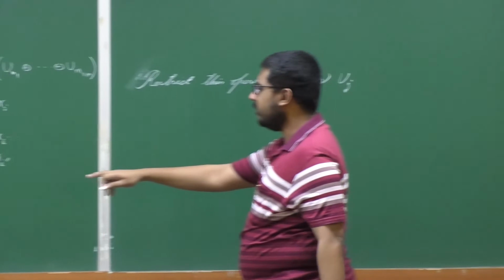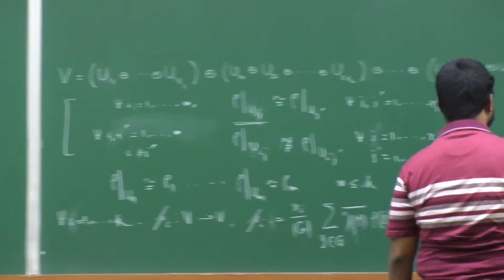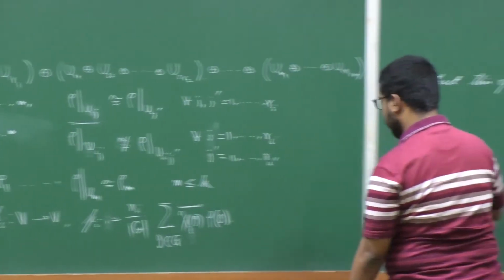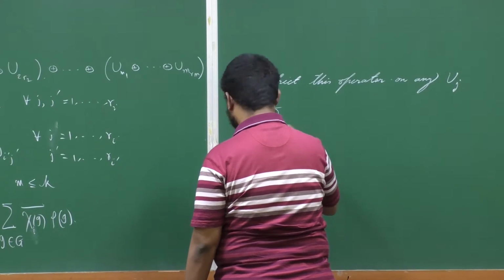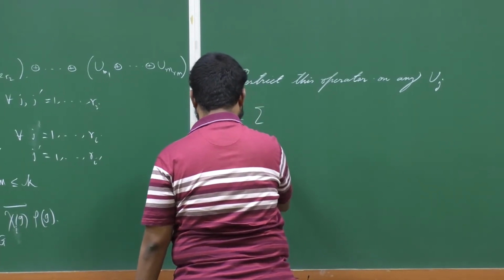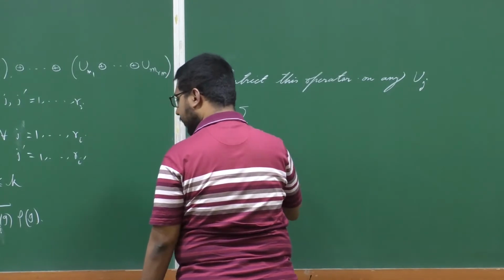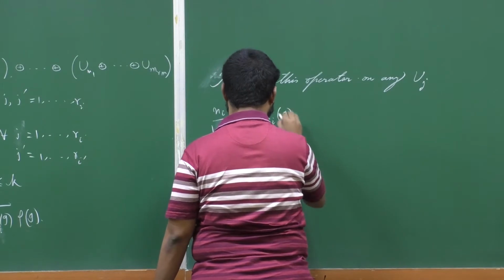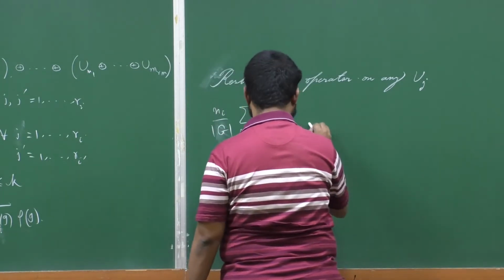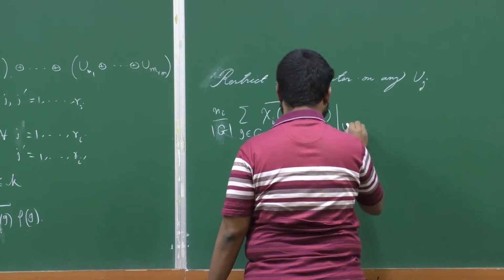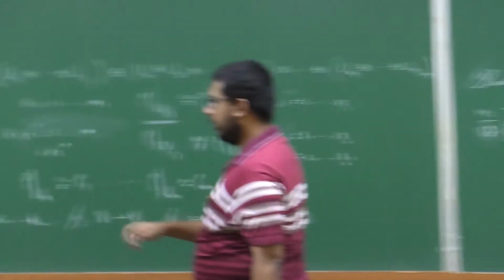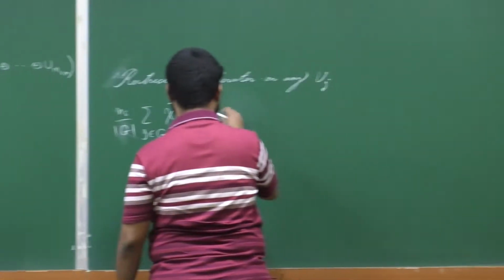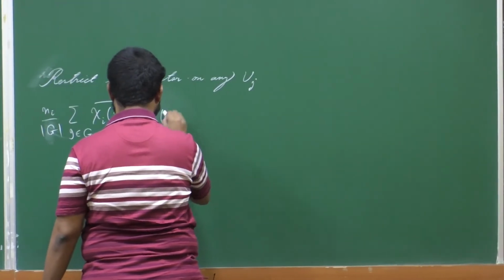Once we restrict this operator pi on these U_j's, since U_j is G invariant, the restriction is nothing but this operator: n_i by order of G, sum over g in G, chi_i(g) bar, and we want to restrict, so basically this is going to be this U_j, and according to the notation that we have set there, this is nothing but rho_{U_j}(g).